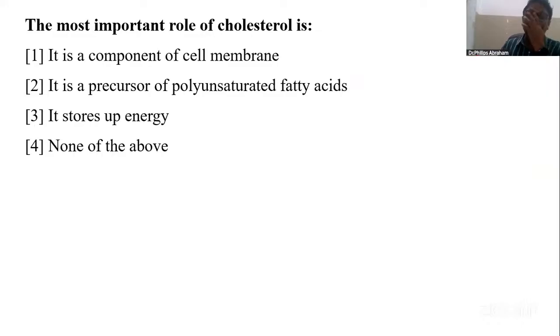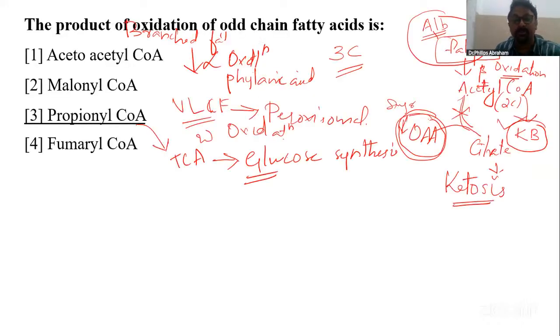Okay. And the names of ketone bodies, we'll study that also: acetone, acetoacetate, and beta hydroxybutyrate.